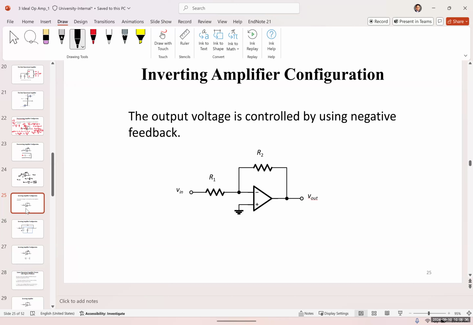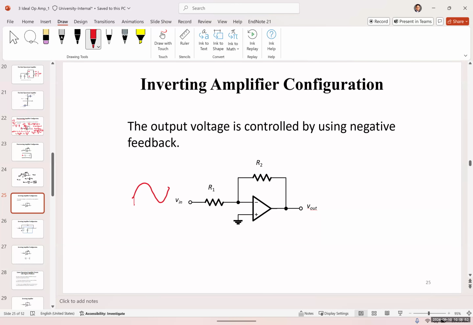So now, if the input is connected to the inverting or the negative input of an amplifier, it's called an inverting amplifier. Why do we call it an inverting amplifier? Because if we give it a signal like this, the output would have a 180-degree phase shift.